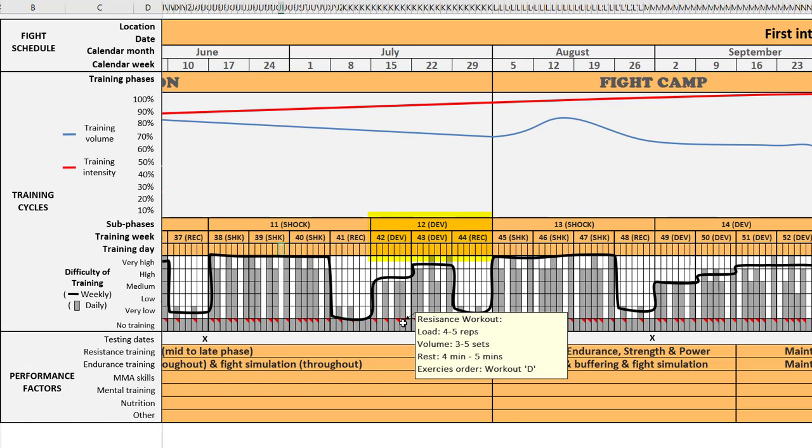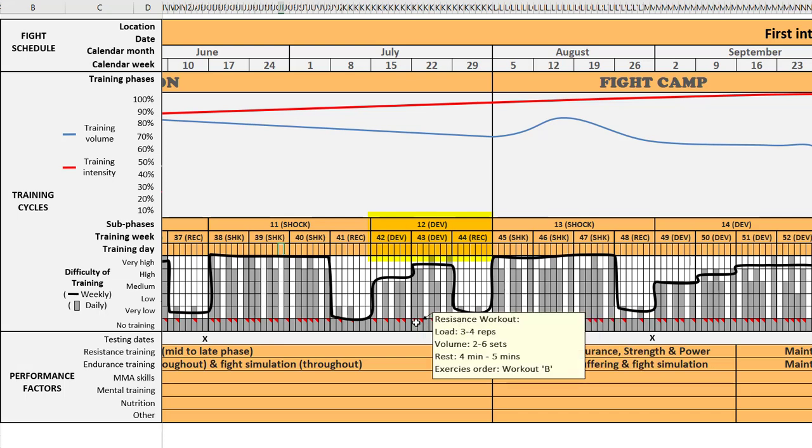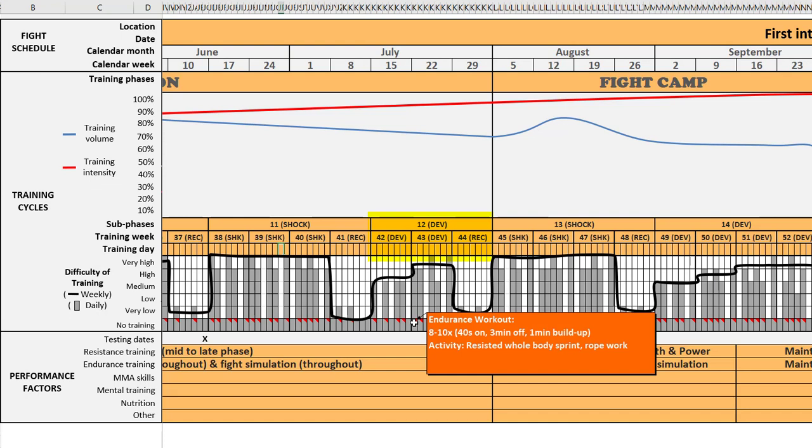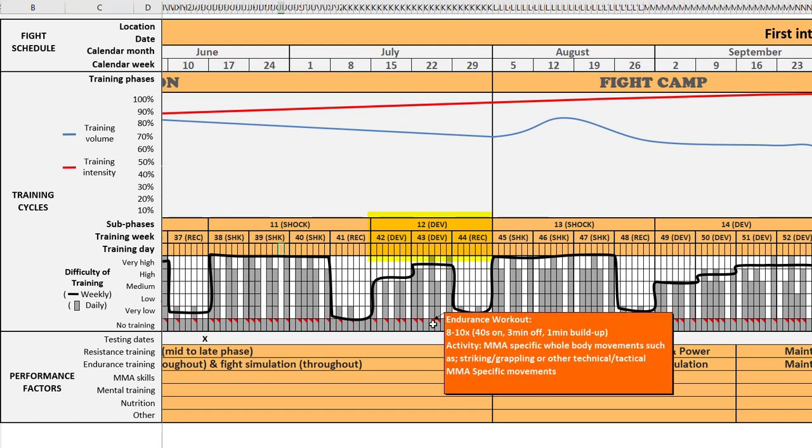Now, as we move on to week 43, the training difficulty increases, and it's primarily achieved by more intervals in the endurance workout, and you're also adding a fight simulation with less rest between the blocks. Here you can see we're up to 8 to 10 intervals, and then we're back to workout B for the resistance work.